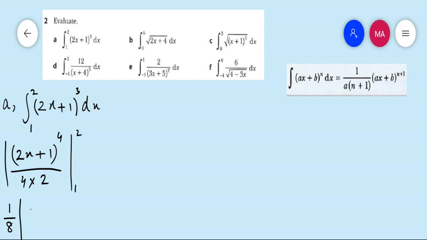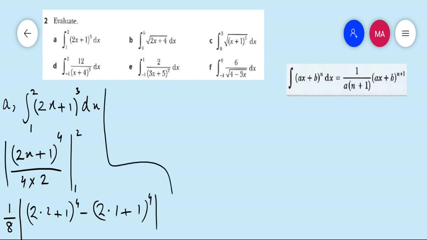Apply upper limit 2 into 2 plus 1 to the power 4, minus lower limit 2 into 1 plus 1 to the power 4. Simplify it. 1 upon 8, 2 into 2 plus 1 is 5, 5 to the power 4 is 625, minus 2 ones are 2 plus 1 is 3, 3 power 4 is 81.